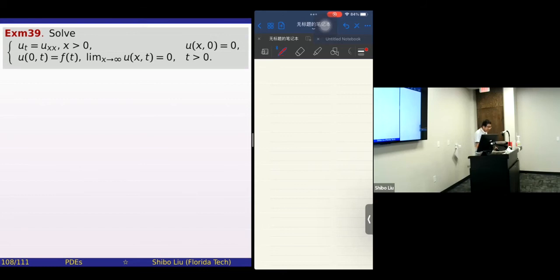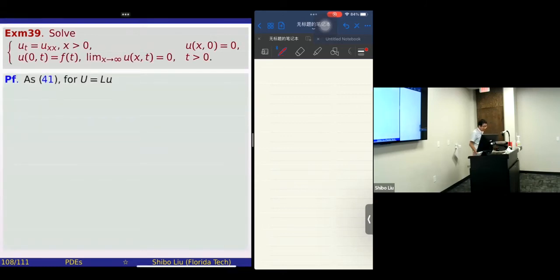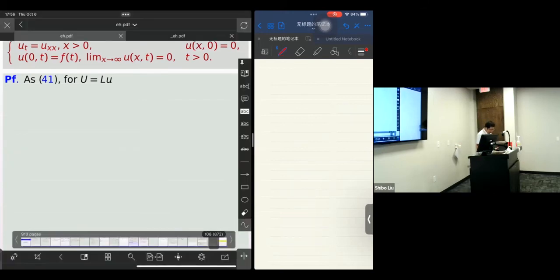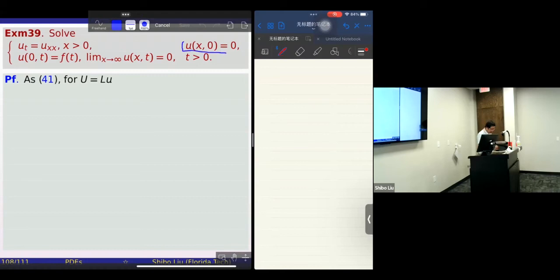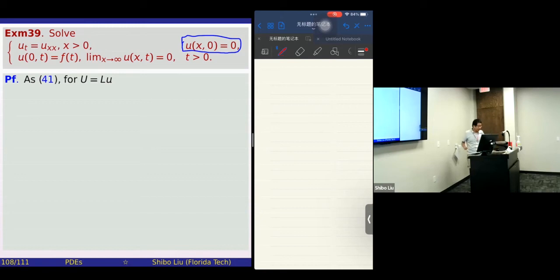So as before, we apply the Laplace transform with respect to t, because the initial condition is that when t equals 0, the small u is 0.